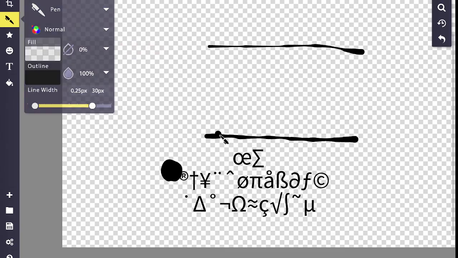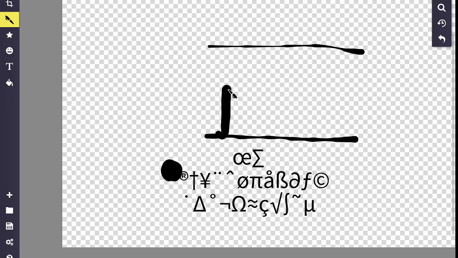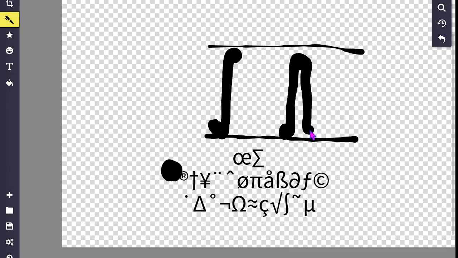What is that symbol? It's a math symbol. I know it's a math symbol. I've seen it before in math, but I don't know what it means. I'll just make it like this maybe. Yeah.